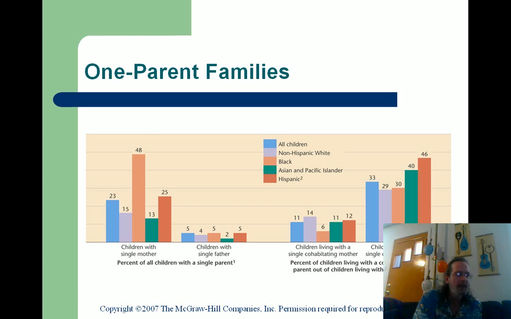But it is a much higher percentage of families now, and it can work. Lots of kids come from single parent households and do real well, but it's a lot harder. It's a lot easier to have two parents. If you've got somebody to help back you up, support you, to bounce ideas off of, that tends to work better for the kids. But one parent can do it. It's just a lot harder.